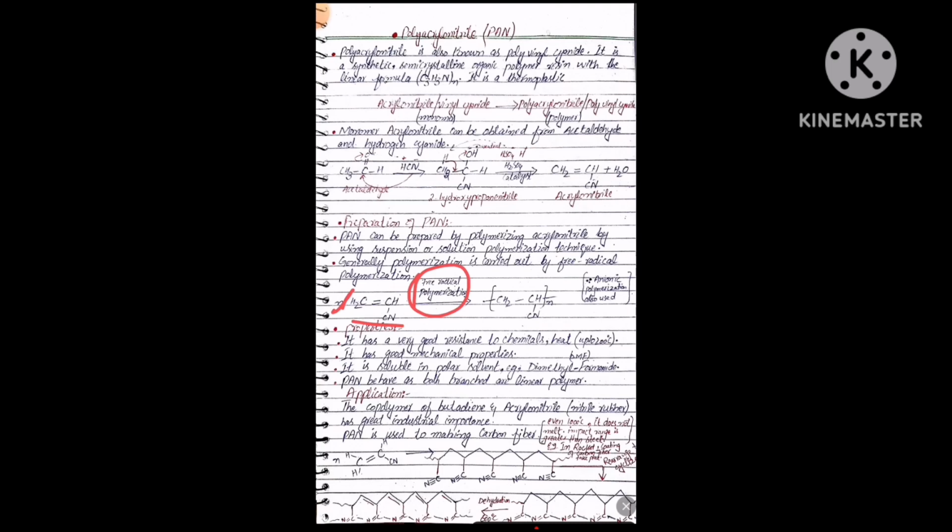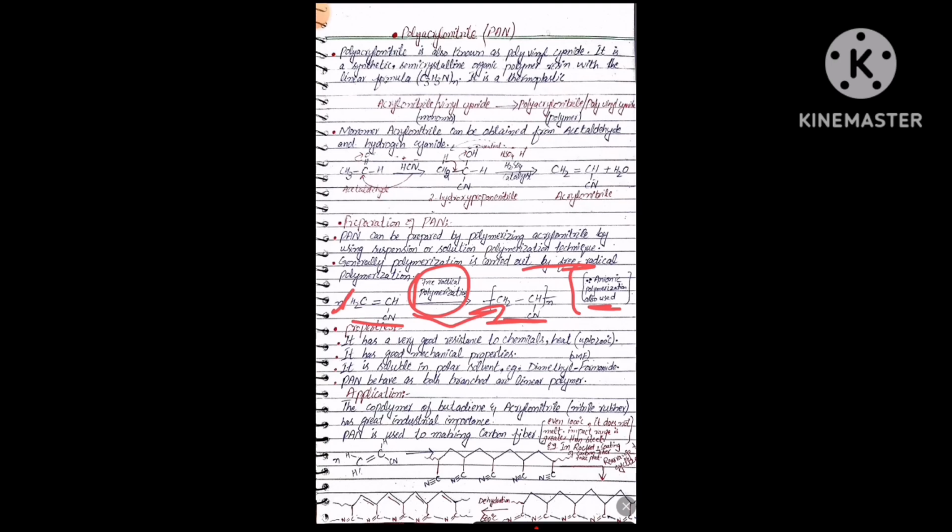Now it will convert into a polymer which is PAN, polyacrylonitrile. Here in a block a point is mentioned: anionic polymerization is also used here. Interesting. Earlier we said that free radical polymerization may be carried out, but anionic polymerization is also used, not cationic. Remember it.